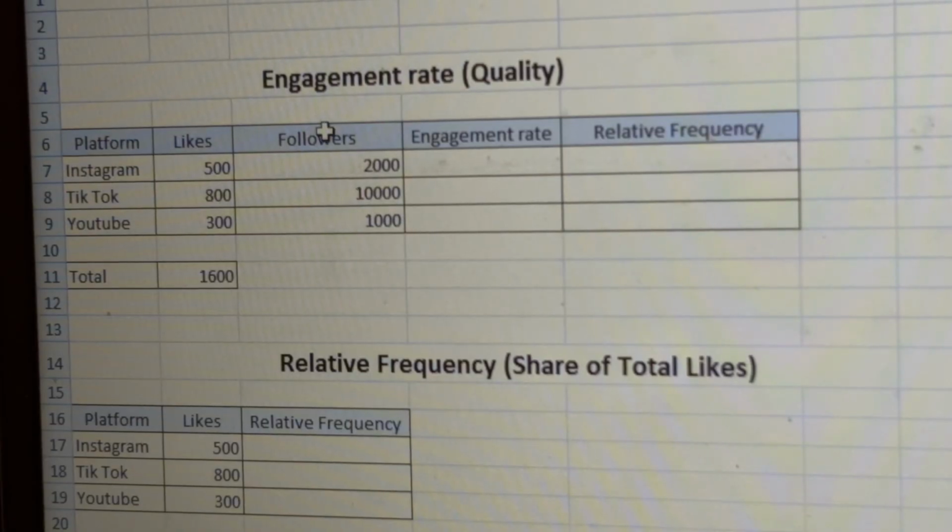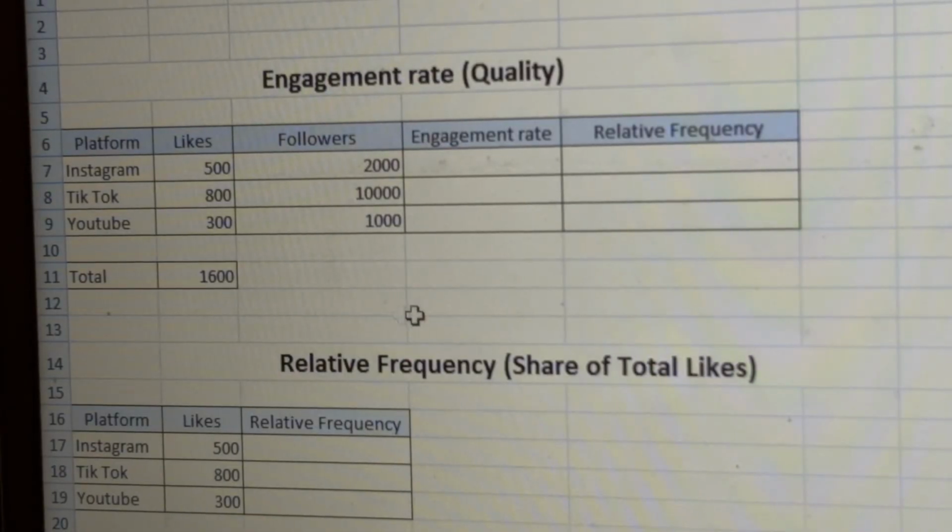That's the size of your followers. This is important because that's how we're going to get the engagement rate. This column is going to verify whether TikTok actually has the most engaged audience per follower. So how are we going to get this?